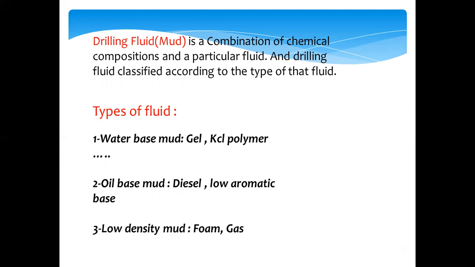We call it water-based mud because the long phase, or the main phase, of that fluid is water. And oil-based mud, we call it that because the long phase is oil. A low-density mud is such as foam and gas.